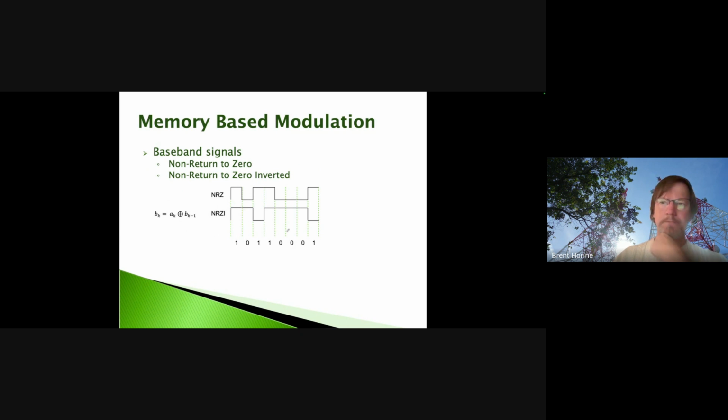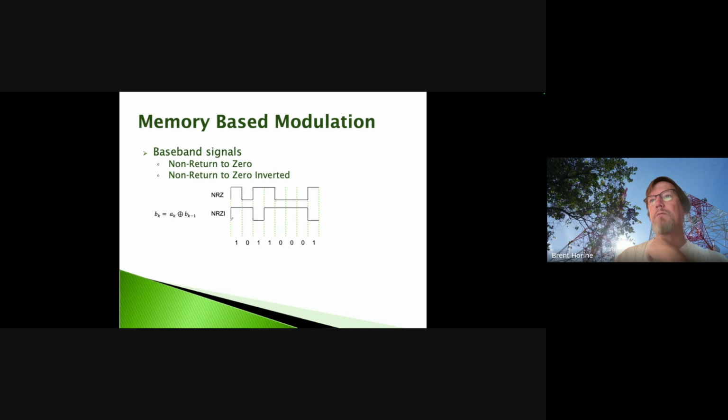So in this case, what we see here is that we have a transition when we have a 1 value, in this NRZI version, but when we have a 0, we don't change.